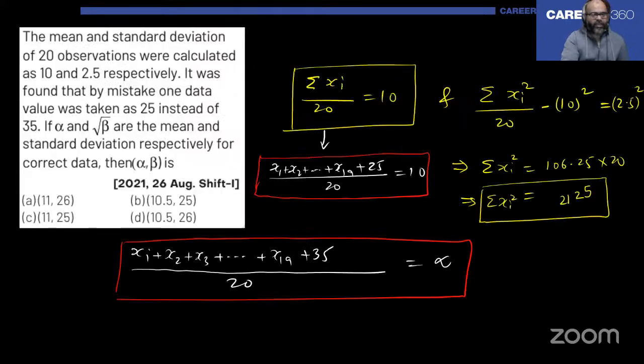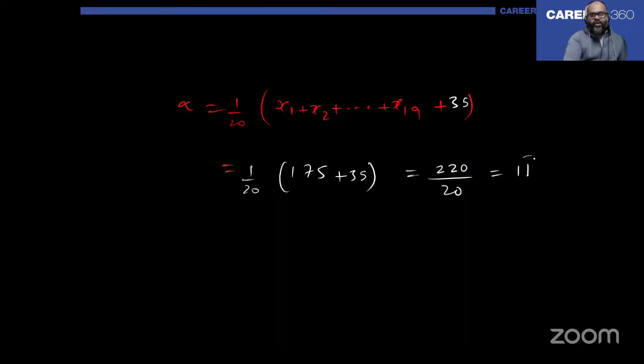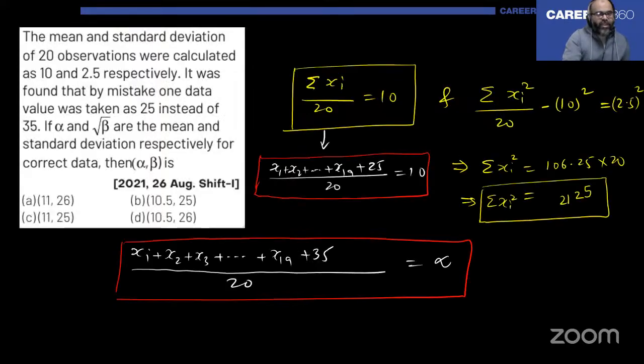So options A and C both have mean alpha as 11. Now we have to find beta, which is the variance, because root beta is the standard deviation.